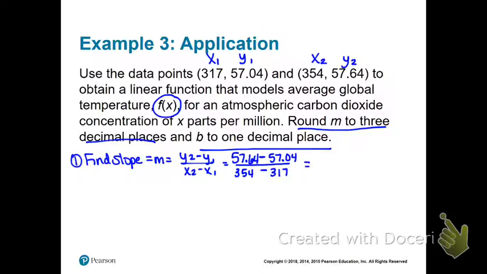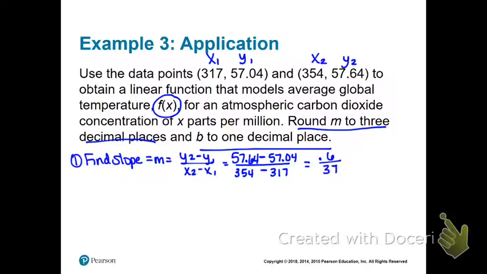So we're going to subtract the numerator. 57.64 minus 57.04 is 0.6, divided by, we're going to subtract the denominator. Sorry, I'm trying to get my calculator here. So 354 minus 317, I don't want to tell you wrong, it's 37.